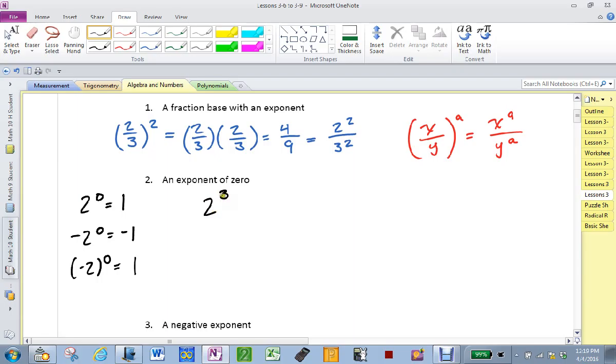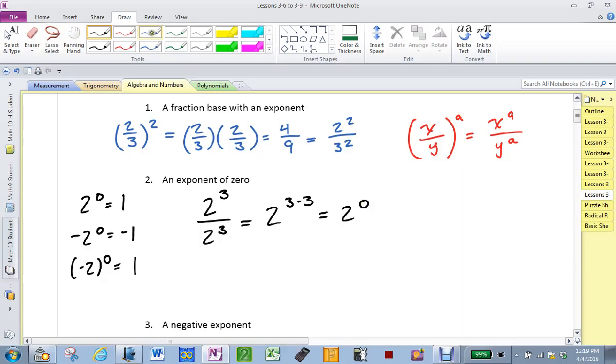2 cubed over 2 cubed. According to our exponent laws, what should I do with those exponents? Subtract them. So that should be 2 to the 3 minus 3, correct? Which is 2 to the 0. Everybody cool?